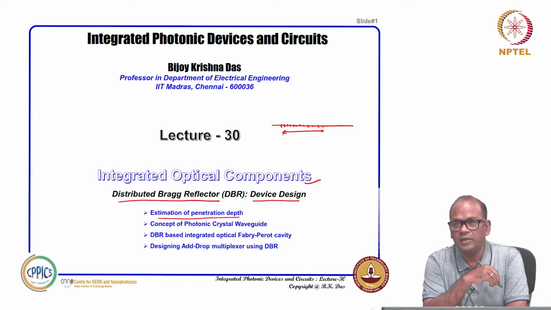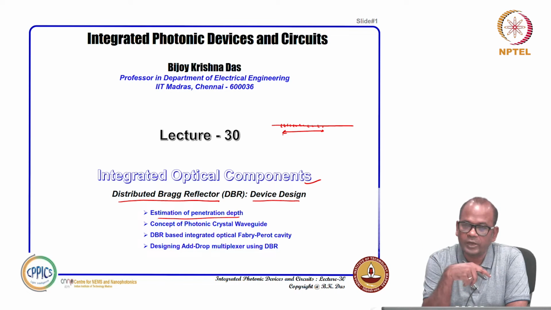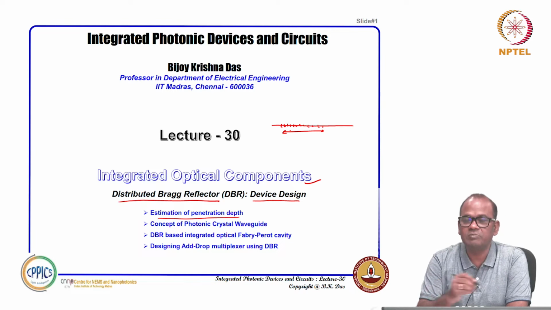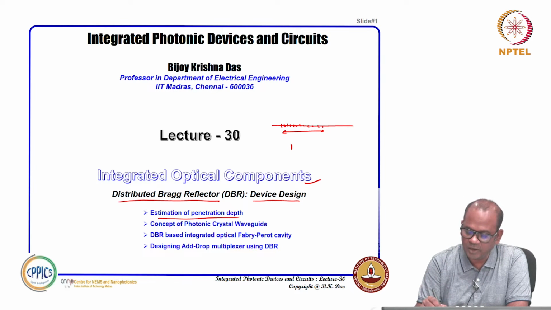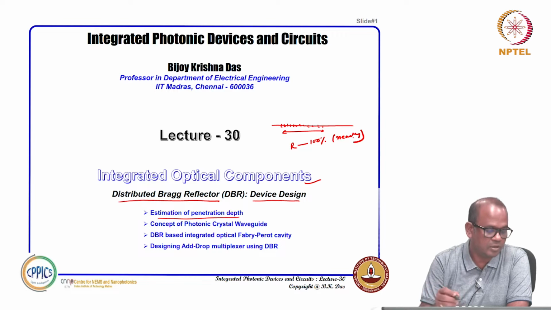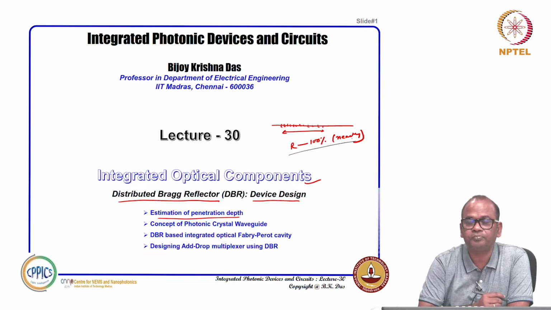So, the smaller the length, it is always good for compact photonic integrated circuits. So, we should have knowledge of how much maximum grating length we need so that at least we can get reflectivity nearly 100%. Okay. So, that is our understanding.